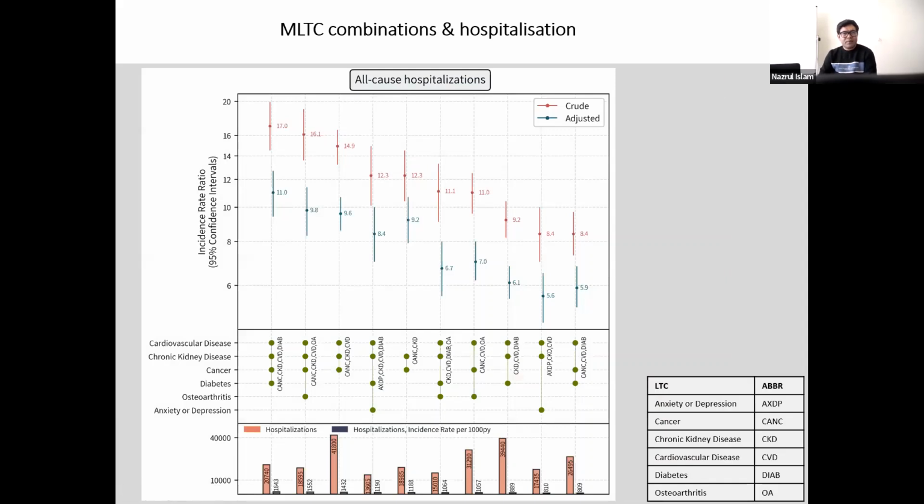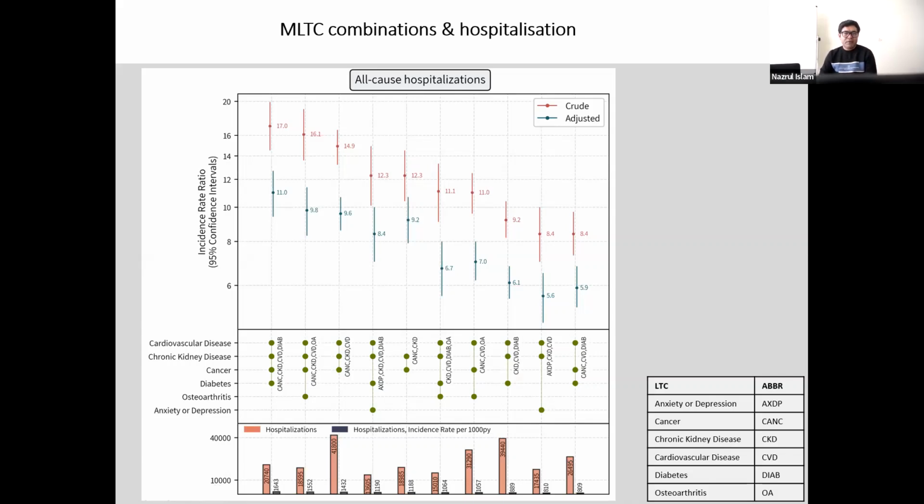As you can see from here, these are the incidence rate ratios compared to those who had no long-term conditions. For certain conditions, the hospitalization rate was 17 times higher than people with no long-term conditions. Here, for the sake of brevity, we picked the top 10 conditions.